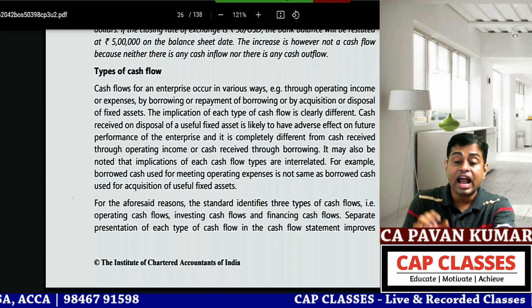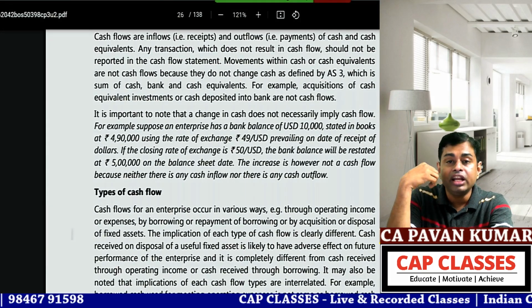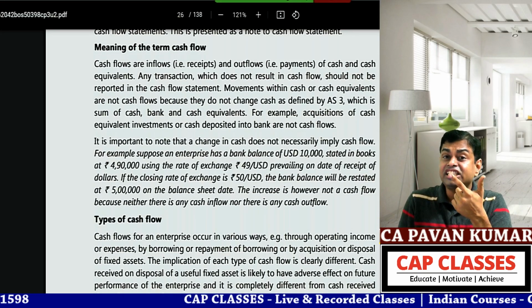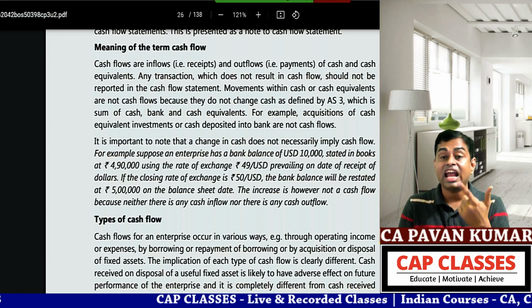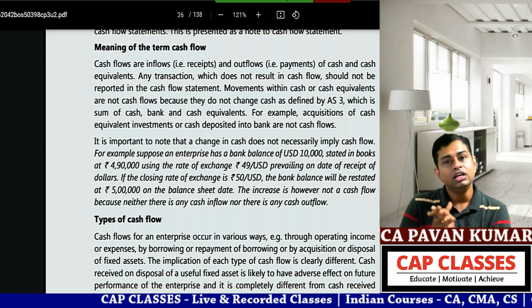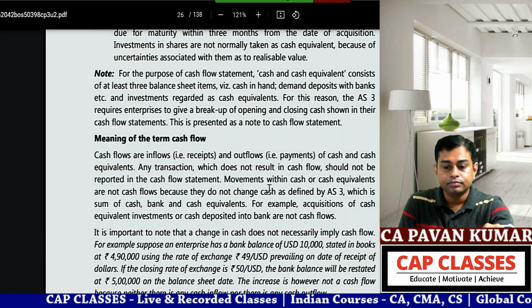So now see. Okay, now cash includes, I told you how many? Cash includes how many? 3 items. Cash in hand, cash at bank, cash equivalents. What is cash equivalent? Look here.